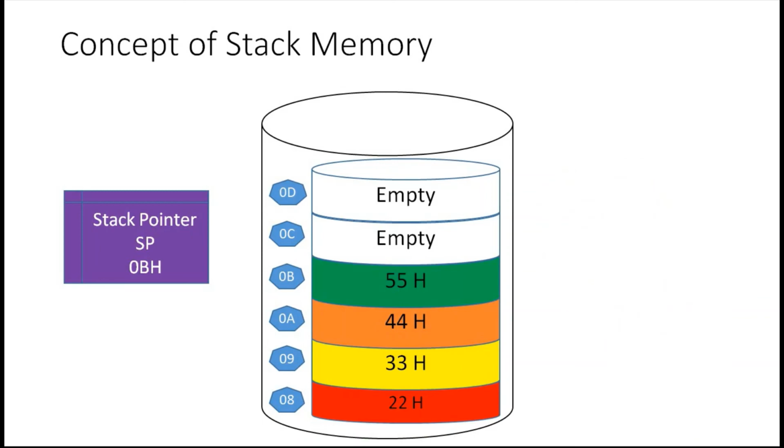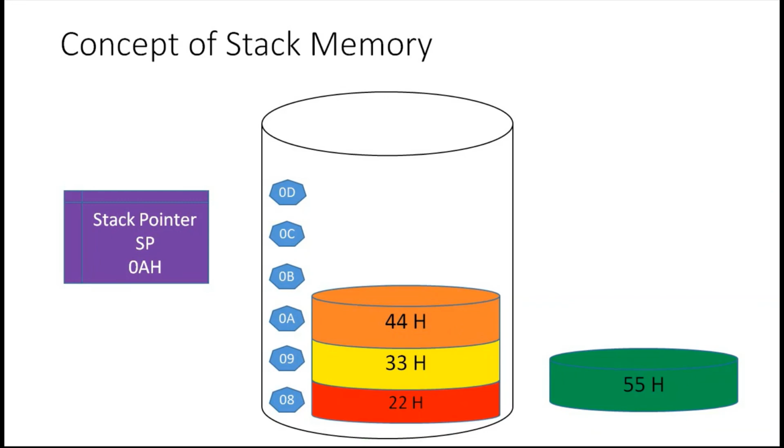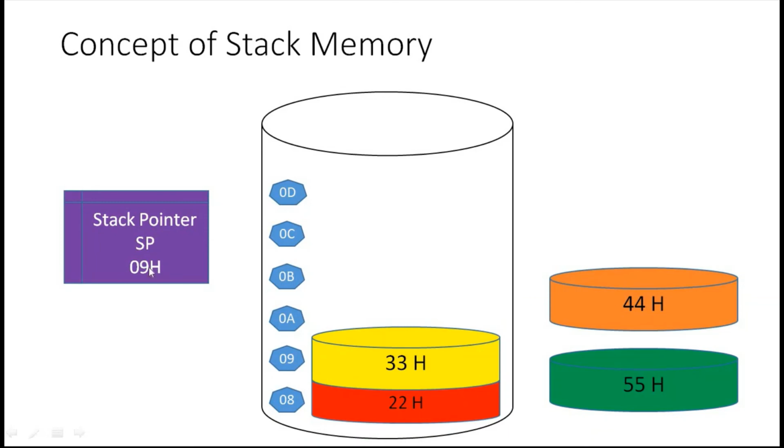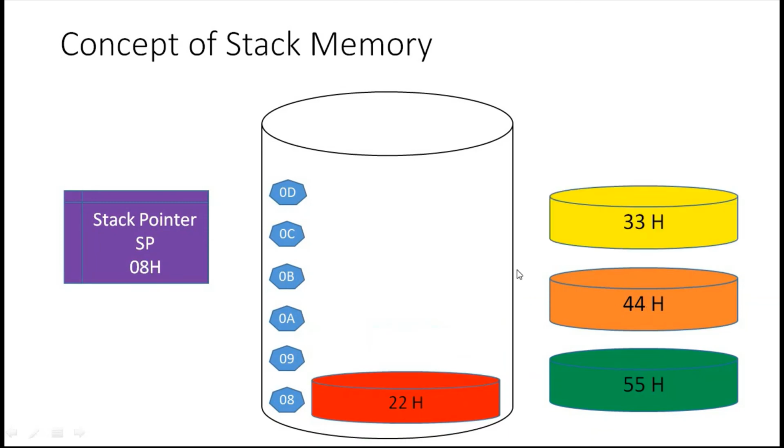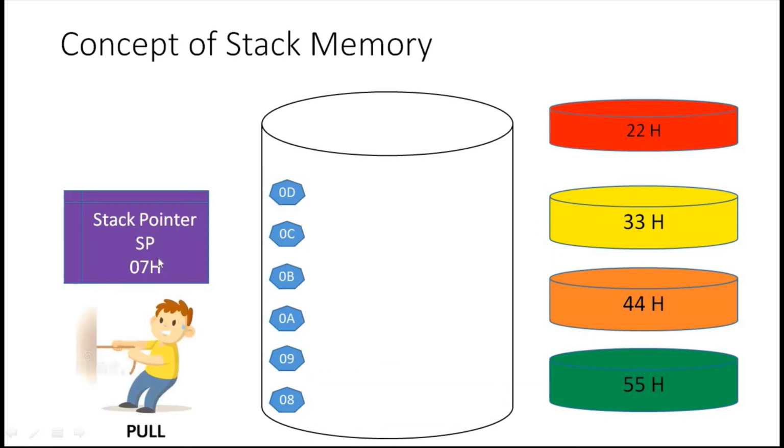See how. Take the 55H, your SP will now decrement by 1. First take the data and then decrement the SP. Next step, again take the next data, decrement the SP. Again take the next data, decrement the SP. Again take the next data, decrement the SP. Again this operation is called the pull or the pop operation from the controller.